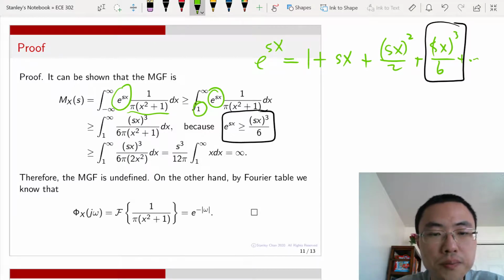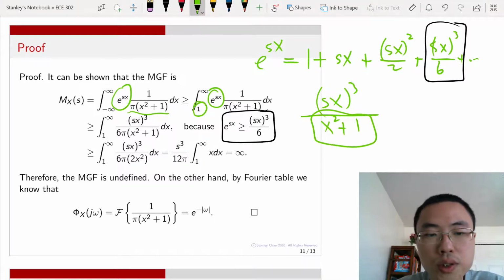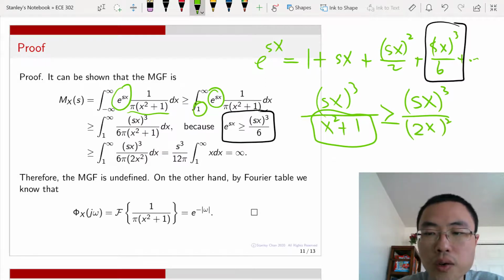The simplification is that you have this (sx) cubed, and then you have this x squared plus 1. But hold on, this entire thing is bigger than or equal to (sx) cubed divided by 2x squared. Why? Because if x is bigger than 1, then x squared will also be bigger than 1.